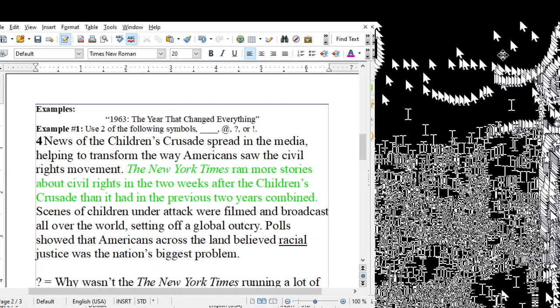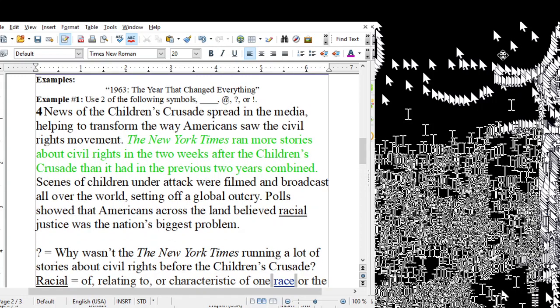So underneath the paragraph, whichever two symbols you chose, you must do like I did. Put the symbols and then put your conversation. So if you use the question mark, well, what's the question that you have? If you use the underline symbol, then I need to know the definition of the word.